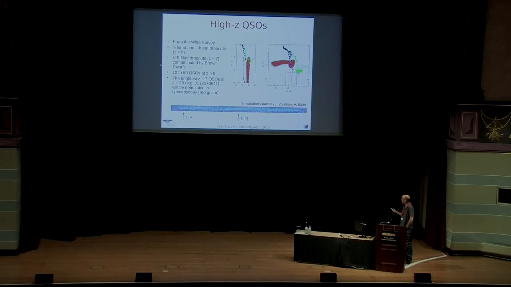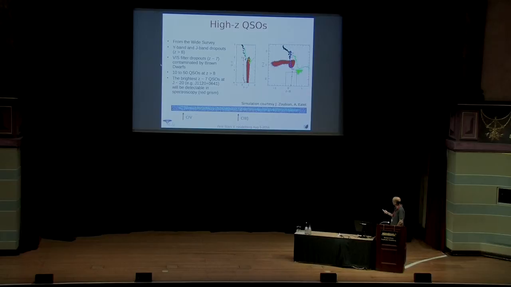So high redshift quasars, again, they will come from the wide survey. They will be selected as Y band or J band dropouts for redshifts higher than 8. They will be selected as this filter dropout at redshift of about 7, but there is an issue with the contamination by brown dwarfs. This is represented on this plot.